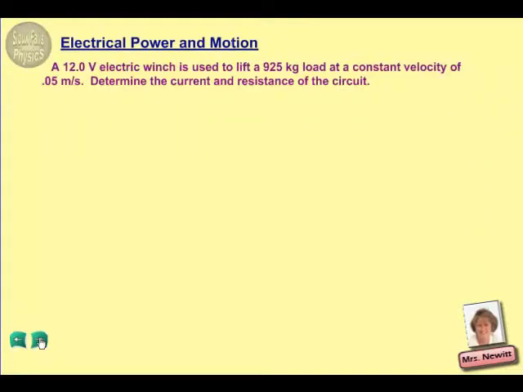First of all, we want to figure out the power that's going to be required for this load to be lifted. And remember, we've talked about a number of different ways to calculate power, but one of these shortcut equations on your equation sheet that can be used, especially when we look at motion, is the equation force times velocity. In this case, we are given the mass of the load at 925 kilograms.